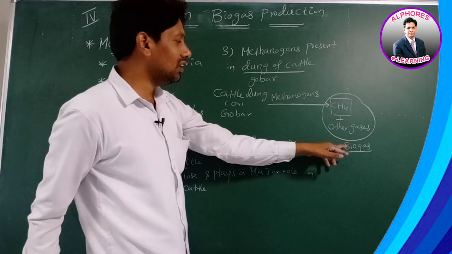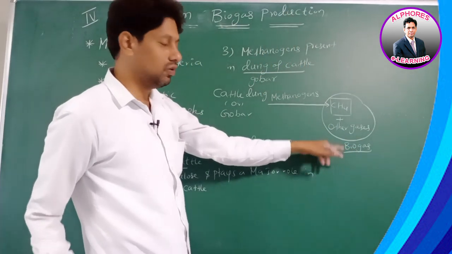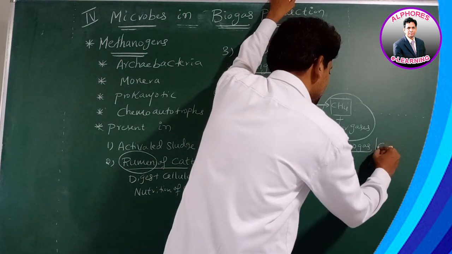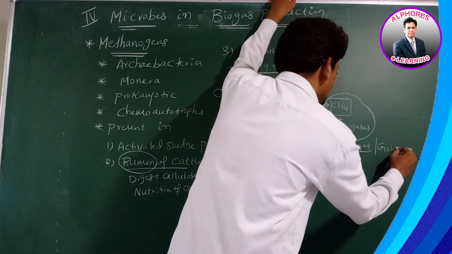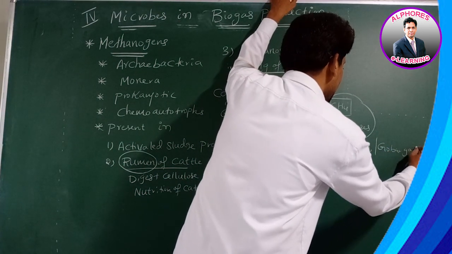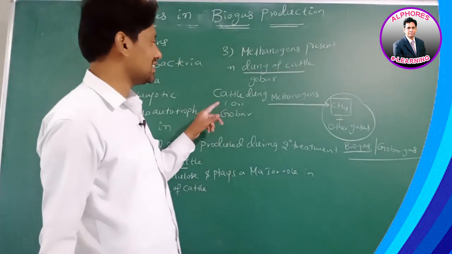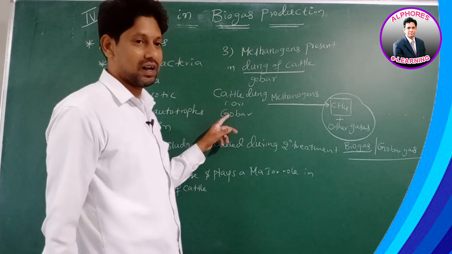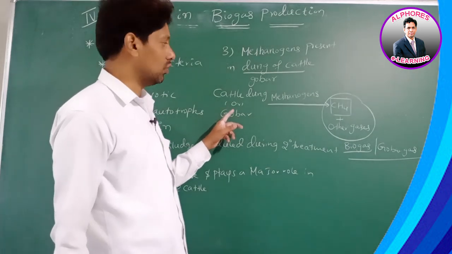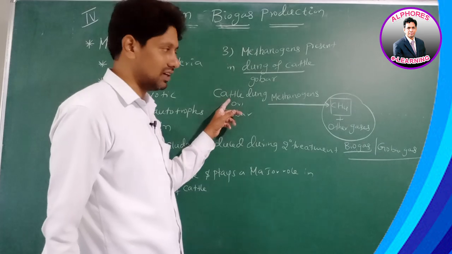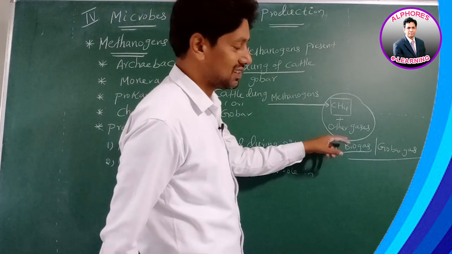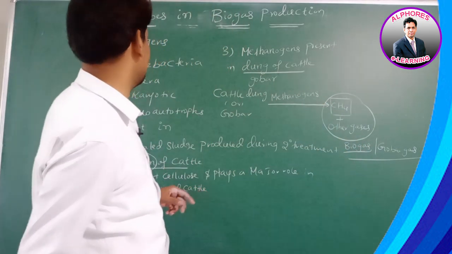Sir, can we call this biogas as gobar gas? Yes, this biogas can be called gobar gas, as it is produced from gobar, from cattle dung. We are calling this biogas gobar gas, right?